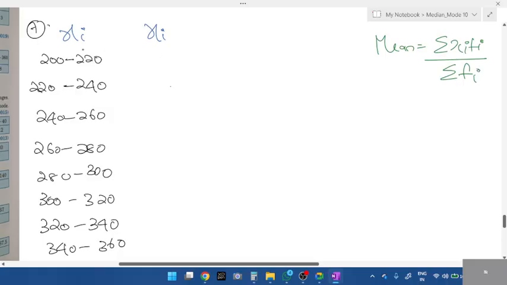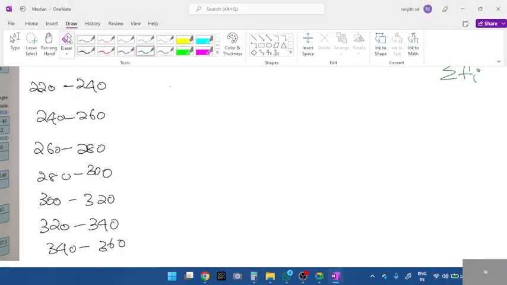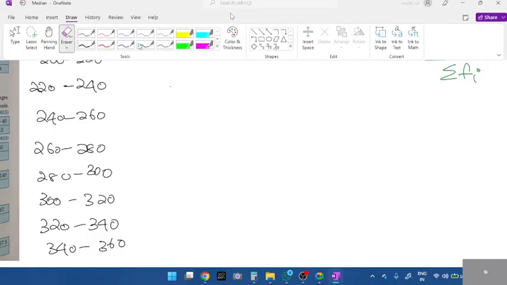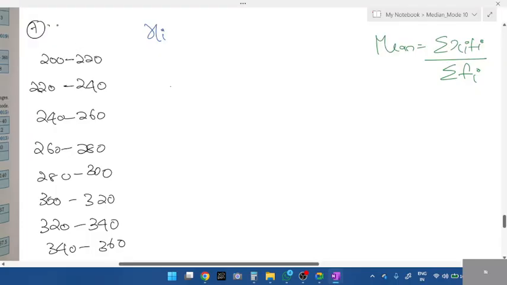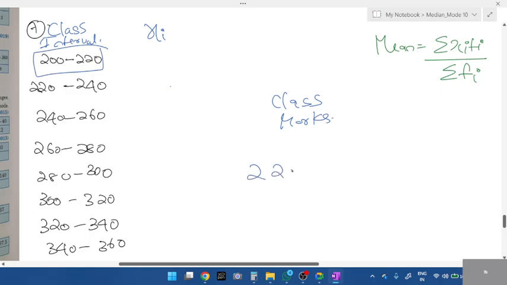This is not the xi value. Whenever class limits, two values, are given, we call it class interval. We have to convert this into class marks. How do you convert into class marks, students? Divide these two. What is 220 minus 200?